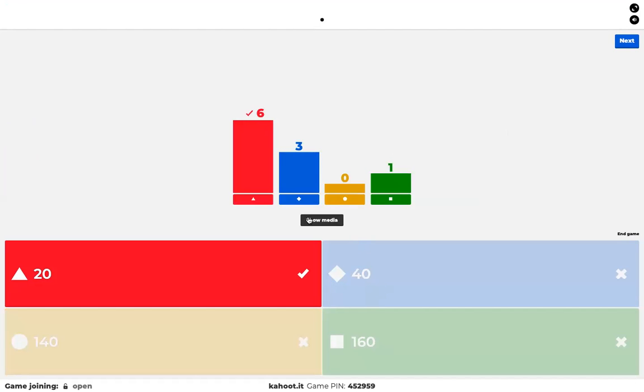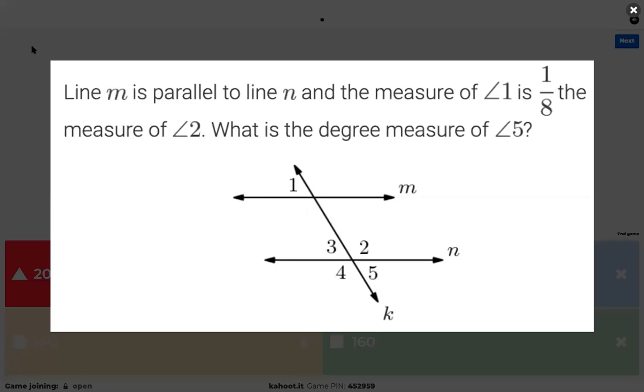Right, it's 20. Just do some algebra with congruent angles.